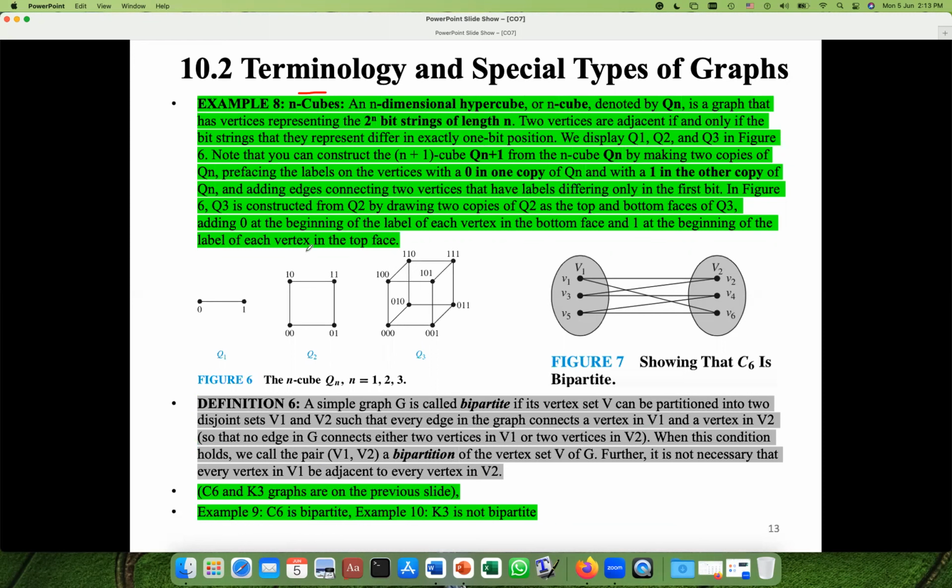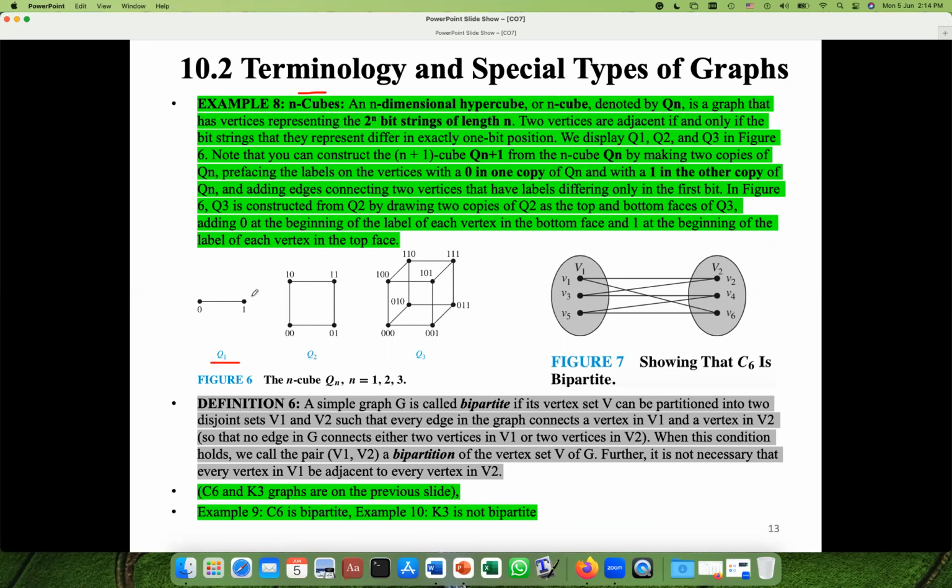For n cubes, n starts from here. It is written n is equal to 1, 2, and 3. When n is 1, it is Q1. And for Q1, you have 2 vertices.